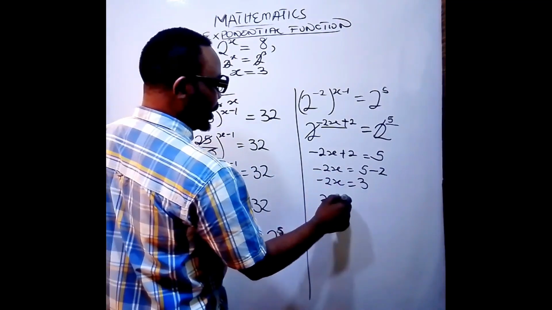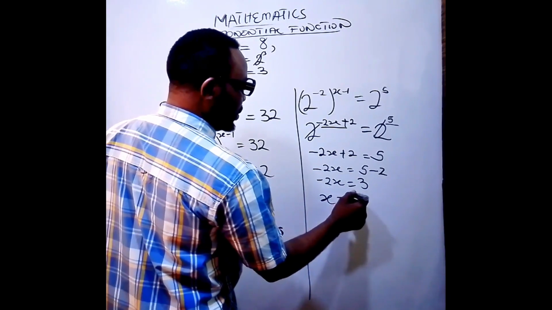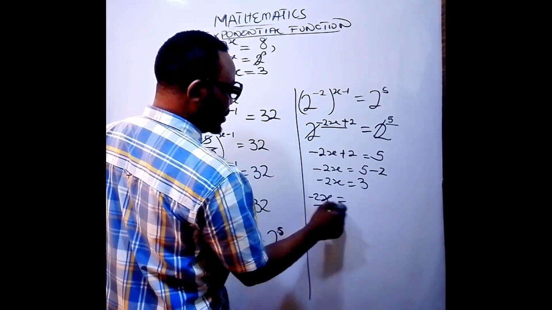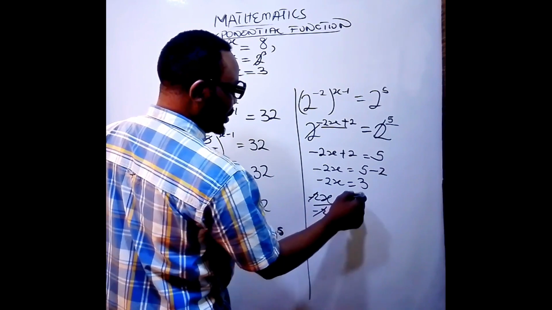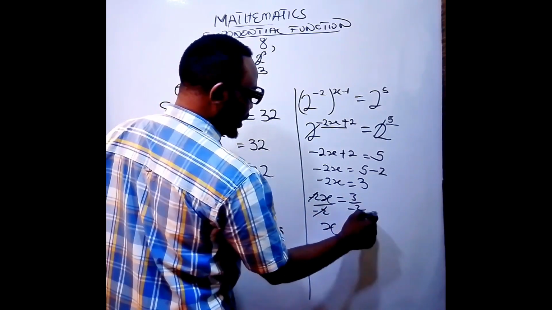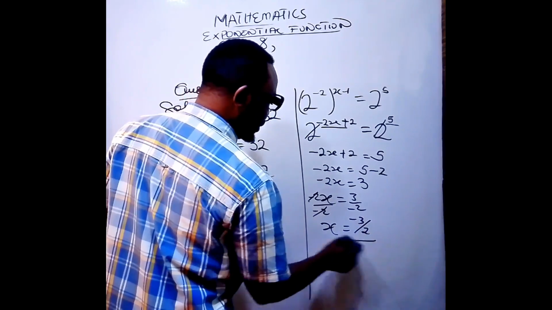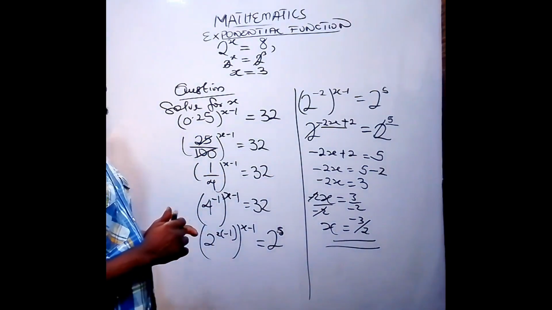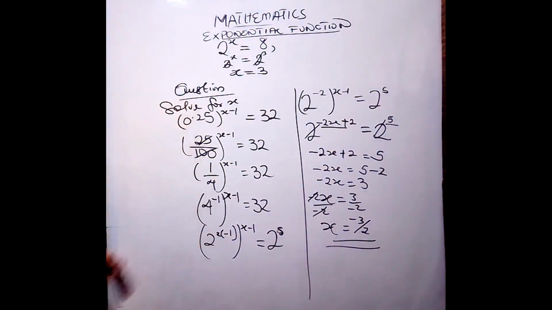So x will be equal to, you divide both sides by minus 2, 3 over minus 2. So x is equal to minus 3 over 2. So that is the value of x for today's exponential function here. Let's look at another question that deals with exponential function as well now.